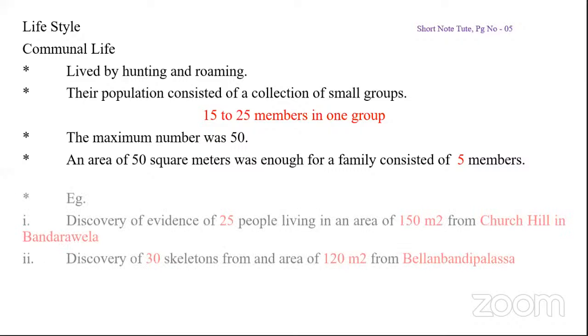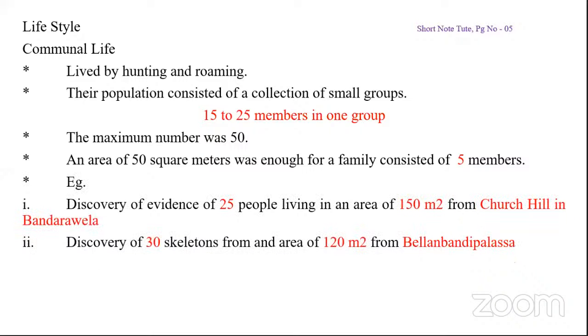We find evidences from two places. What are the two places? Discovery of evidences of 25 people living in an area of 150 square meters from Church Hill in Bandaravela. From there, we have found evidences about 25 people living in an area of 150 square meters.